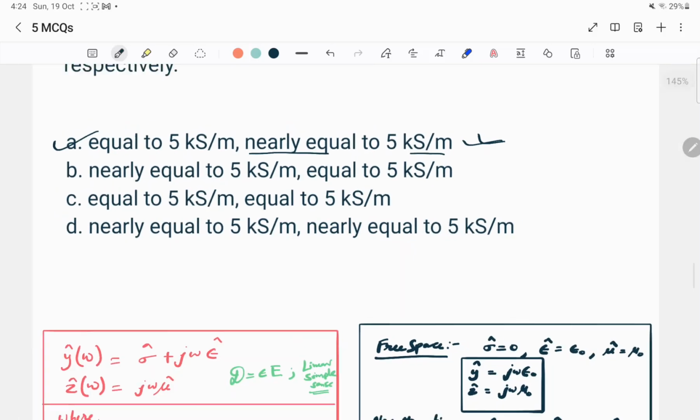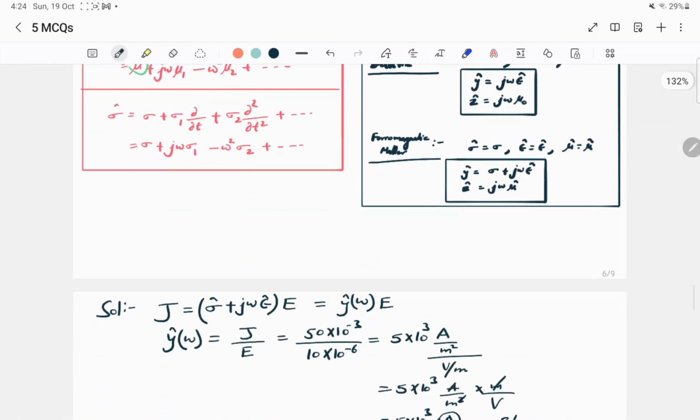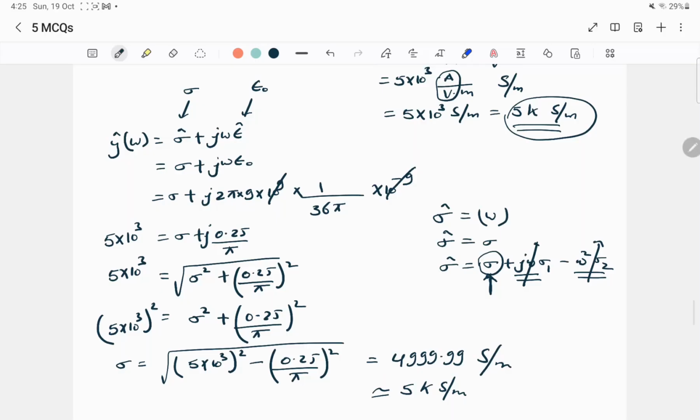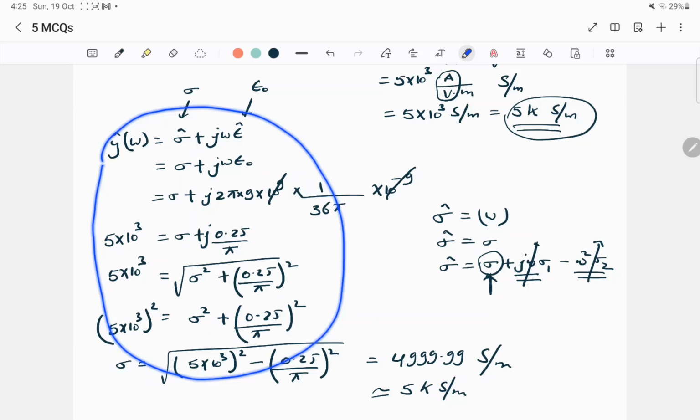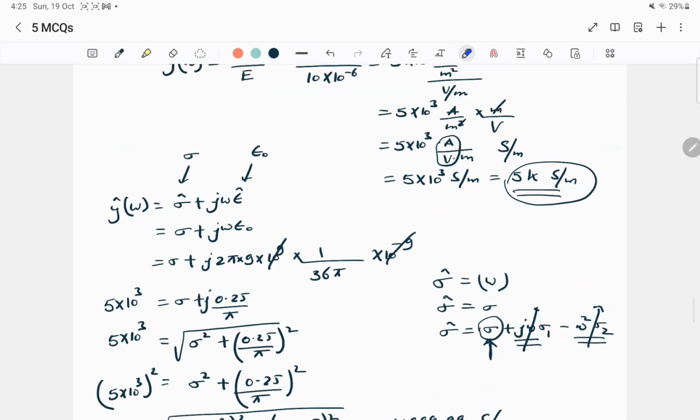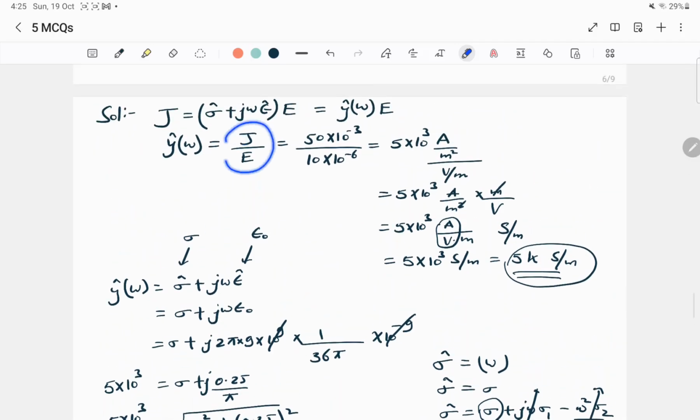Okay, now one may ask what is the need of doing all these calculations? A smart student will not try to solve all this, he will just solve this simple part, and you can directly say that y cap becomes 5 kilo Siemens per meter.